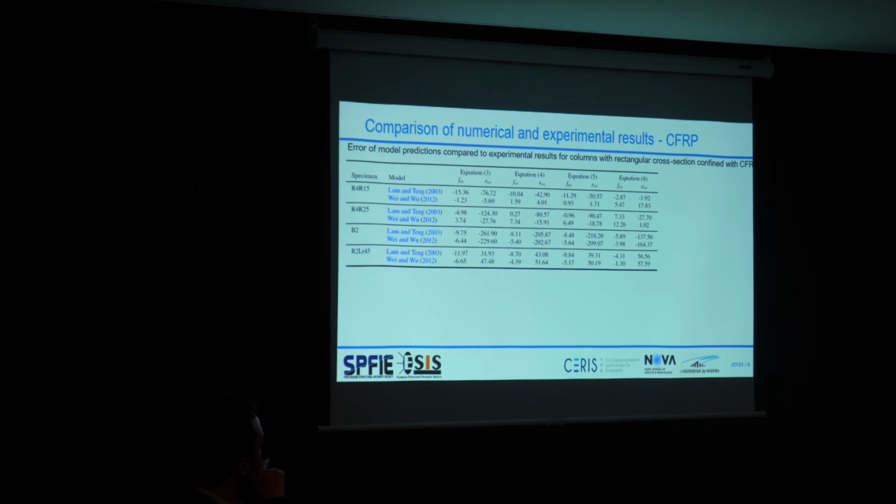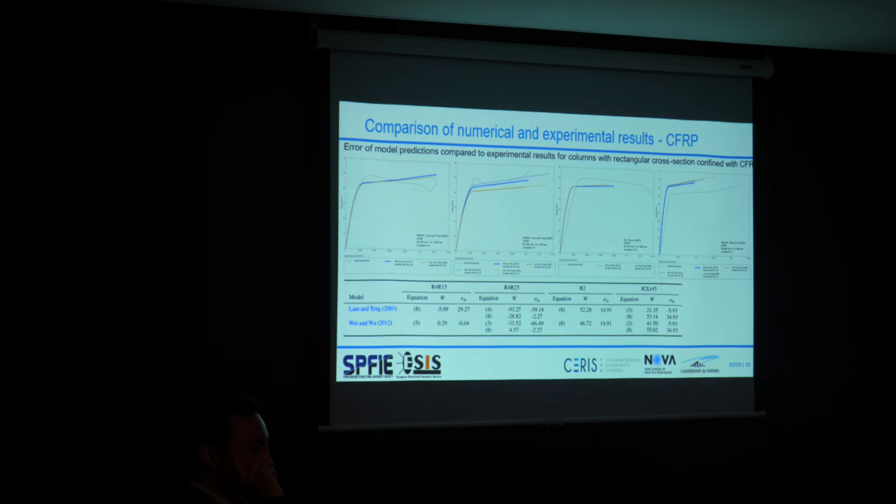Repeating this for the other cases, for example, for rectangular cross-section confined with FRP, we have fewer models that could be applied over here and fewer equations as well. And these results are a little nicer. We can see that, for example, in these two, visually, it's not even necessary to look at the value itself.